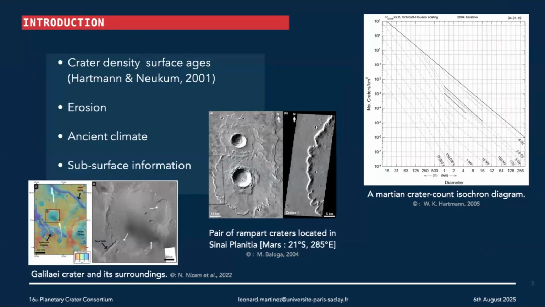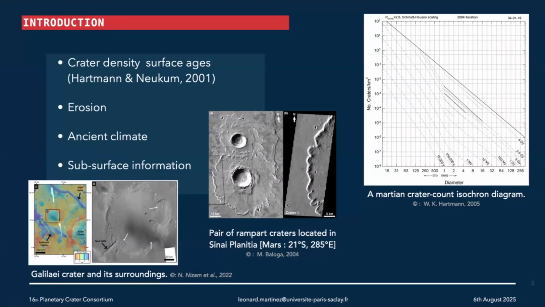Indeed, it has been shown that by correlating the crater density with respect to the crater diameter, we can find the age of the specific geological region that we study.